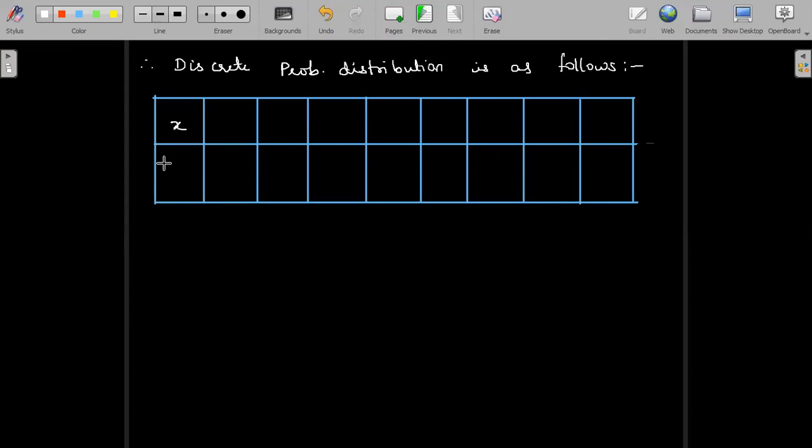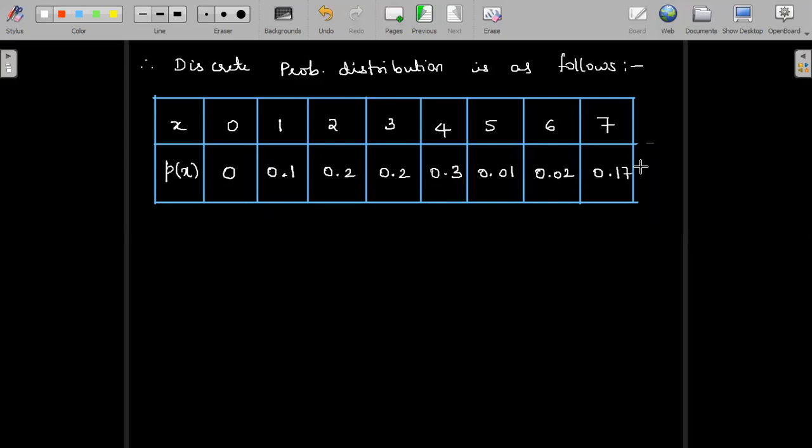First row is for x, and then its probabilities in each row. X values are 0 to 7 in steps of 1. And the respective values of P of x I am writing down in decimals. So with k equal to 0.1, this is 0, 0.1, 0.2, 0.2, and then 0.3, 0.01 for x equal to 5, and then 0.02, and the last value will be 0.17.